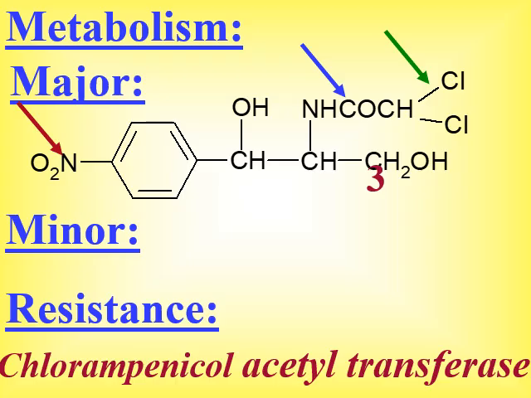This enzyme can acetylate the secondary hydroxyl group and to a lesser extent the primary hydroxyl group and cause inactivation of the chloramphenicol. So resistance to chloramphenicol is due to the presence of the enzyme chloramphenicol acetyl transferase, which inactivates the chloramphenicol.